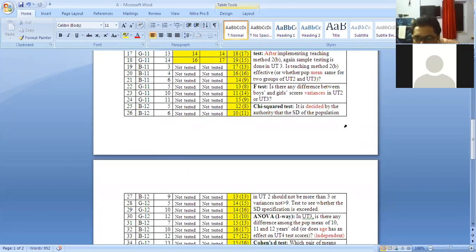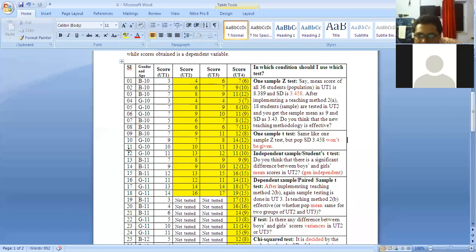Okay, so you are determining this thing at population level, whether your population standard deviation is exceeding the specified population standard deviation, that you are checking, but only from drawing the samples you are checking about your population.